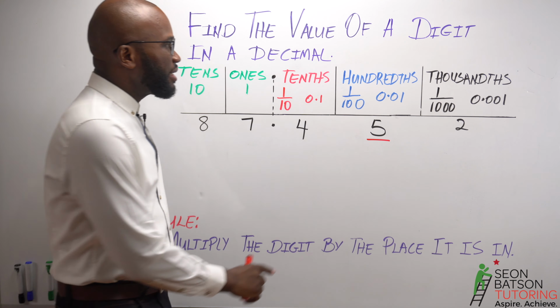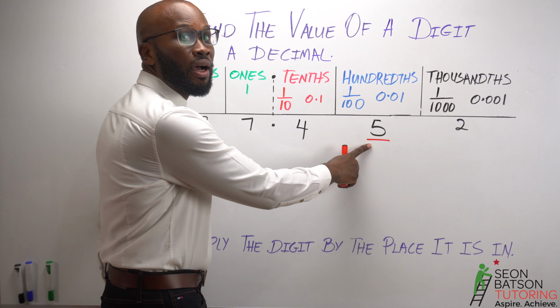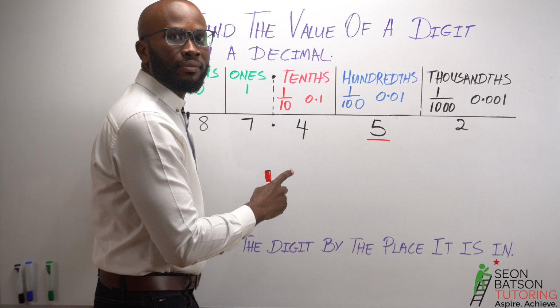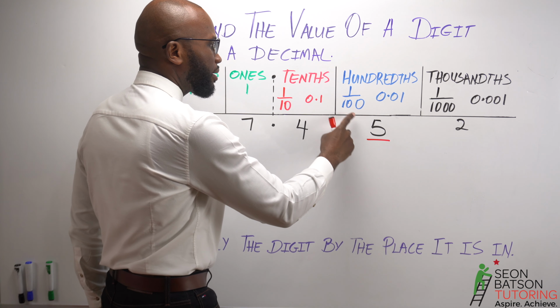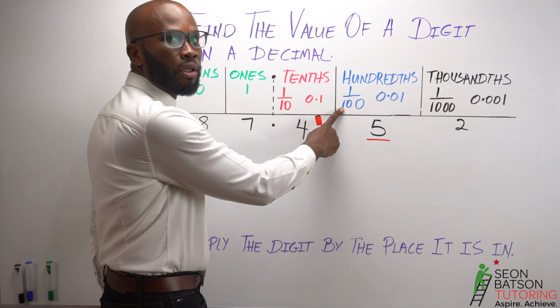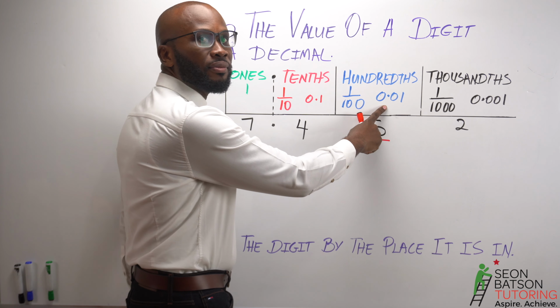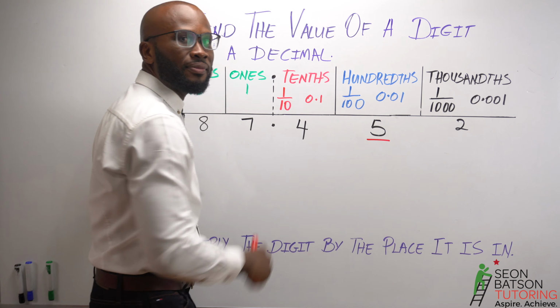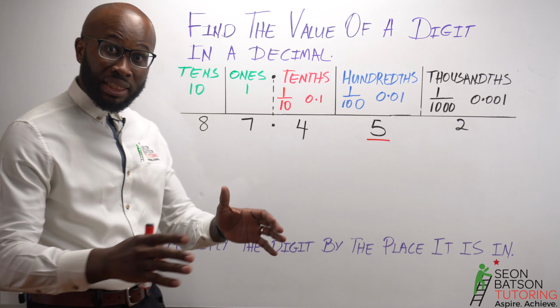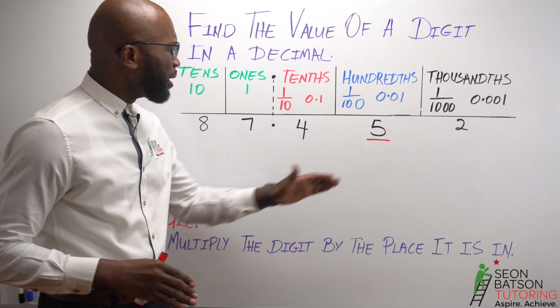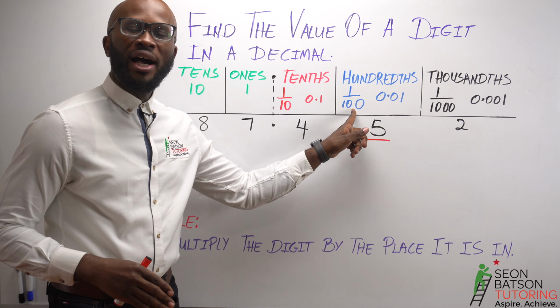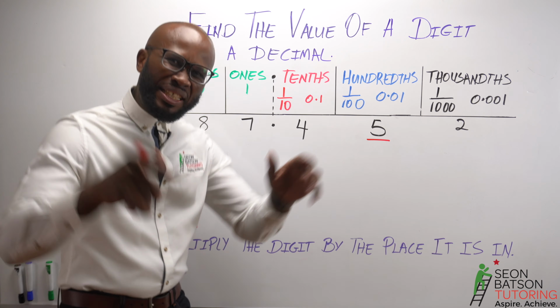Since the 5 is in the hundredths place, we can multiply 5 by the fraction 1 over 100, or we can multiply the 5 by the decimal 0.01. Just for fun, we will multiply the 5 by both the fraction and the decimal.